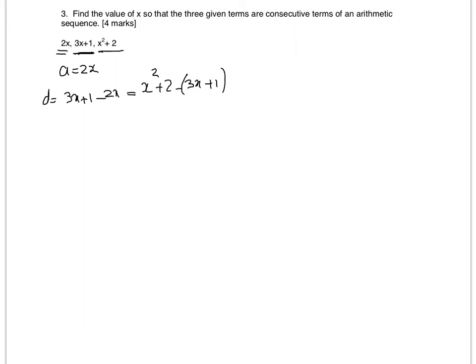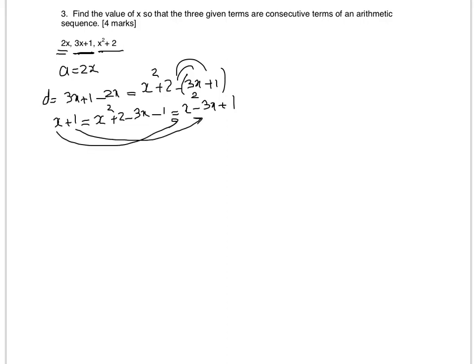Now, if I simplify this, I'm going to get 3x minus 2x is x, so x plus 1 is x squared plus 2 minus 3x plus 1. I multiply minus 1 inside the bracket, which gives x squared minus 3x plus 1. Now I'm going to move x and plus 1 to the right. I get x squared minus 3x plus 1 minus x minus 1 is equal to 0.